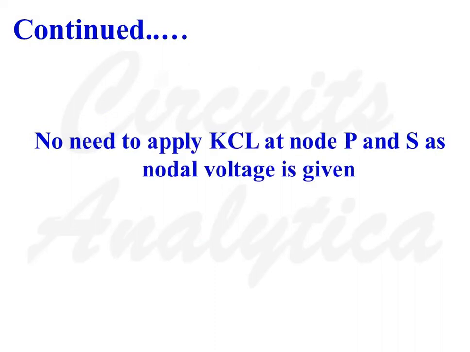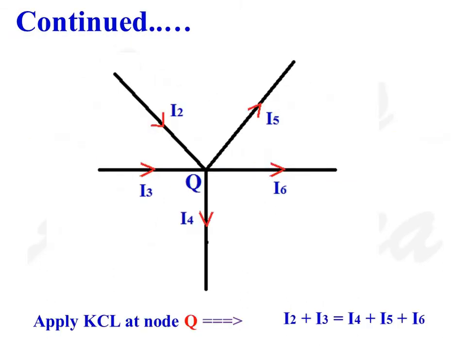Voltage at node P is given as 96 volt and voltage at node S is given as V2. So no need to apply KCL at node P and node S. Let us apply KCL at node Q. Various currents associated with node Q are I2, I3, I4, I5 and I6.